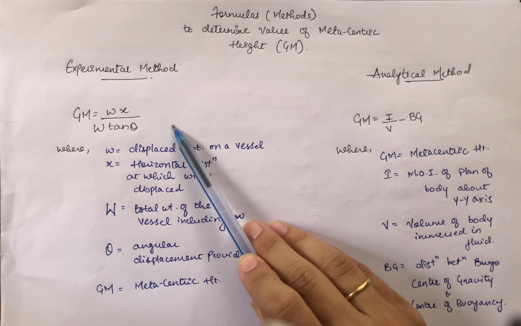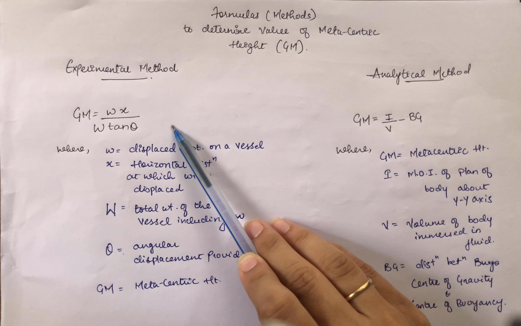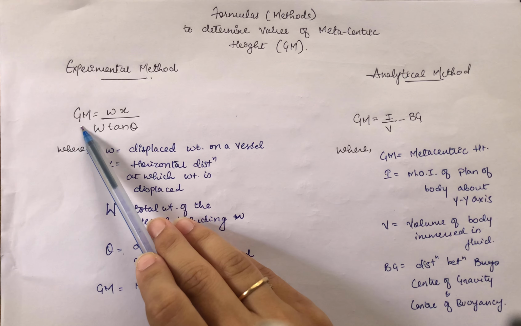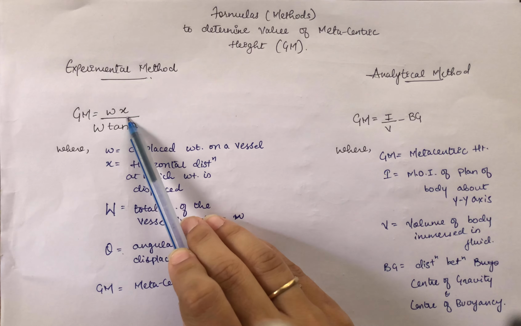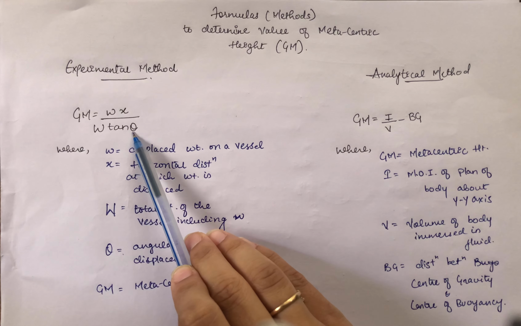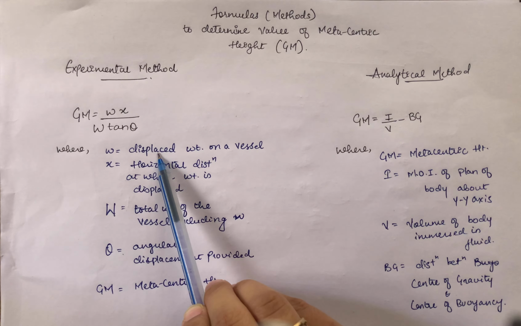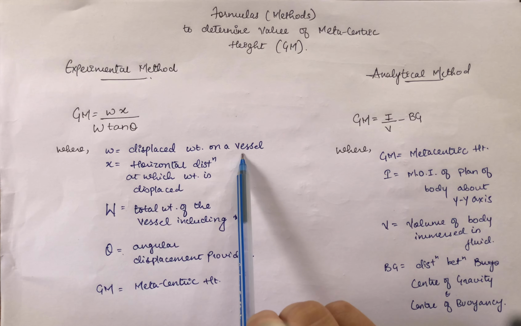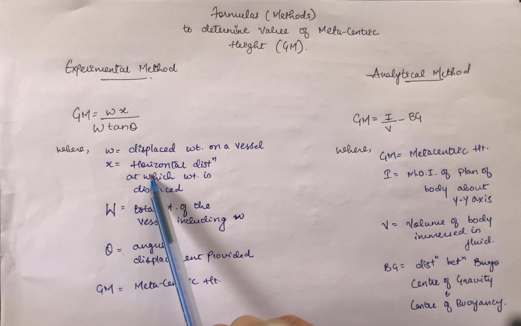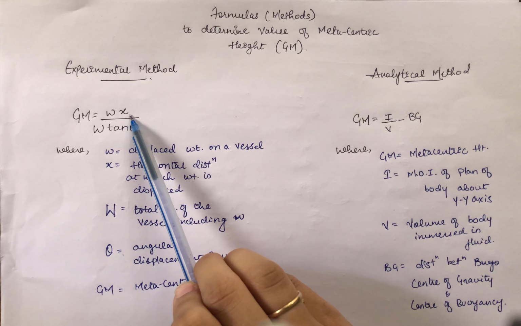Starting with the experimental method. The experimental method to determine the value of GM, which is metacentric height, is small w into x upon capital W tan theta, where small w is the weight placed on a vessel which is floating in a fluid, and when that weight is moved through a horizontal distance, it is denoted by small x.